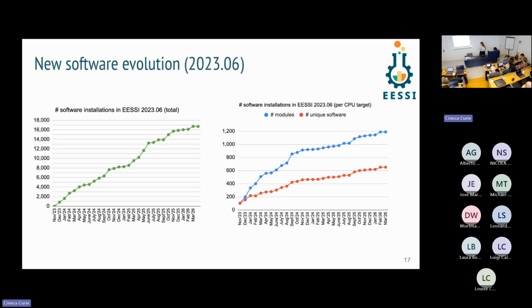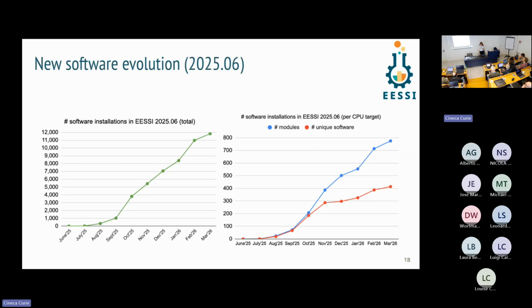So this is a bit of the evolution of the software available in 2023.06. It started building in November 2023, and up until now, for the software installations, we have over 16,000. Then for the unique packages and modules, we have around 1,200 modules and then over 600 unique software packages.